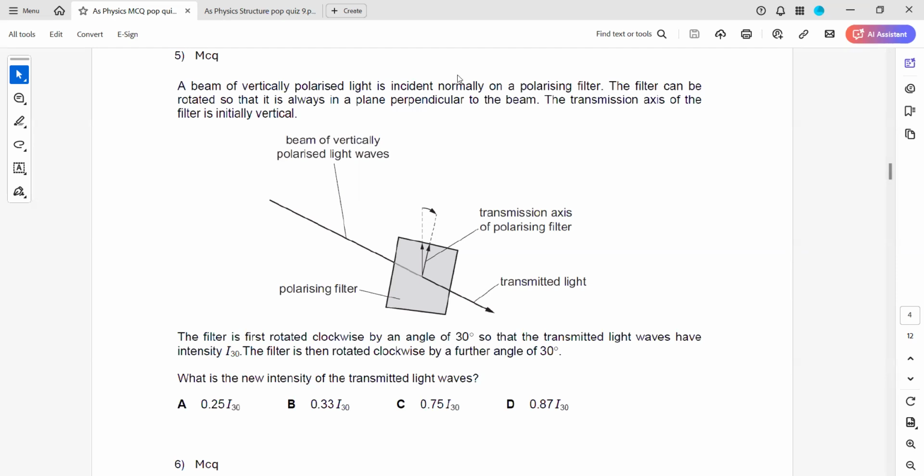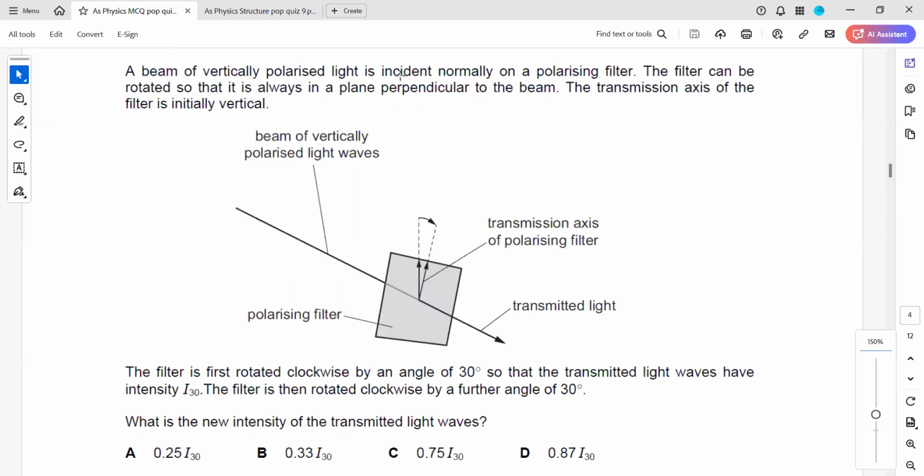In question 5, a beam of vertically polarized light is incident normally on a polarizing filter. The filter can rotate so that its plane is perpendicular to the beam. The transmission axis of the filter is initially vertical. The filter is first rotated clockwise by an angle of 30 degrees so that the transmitted light has an intensity of I30.